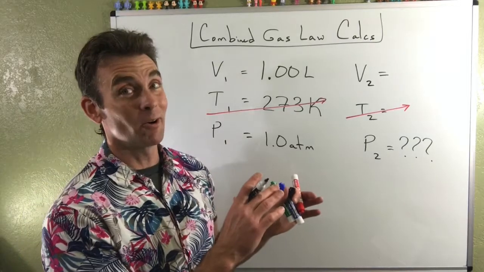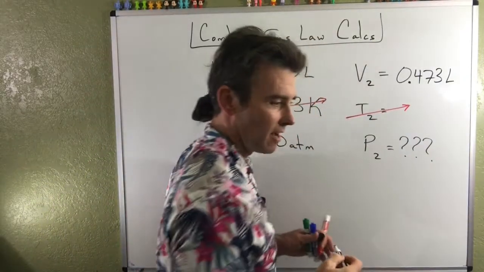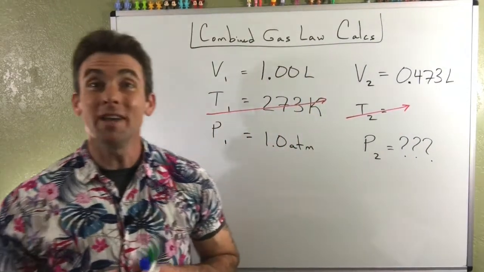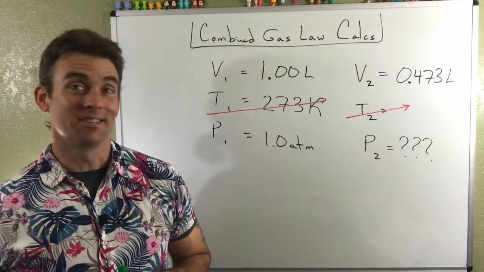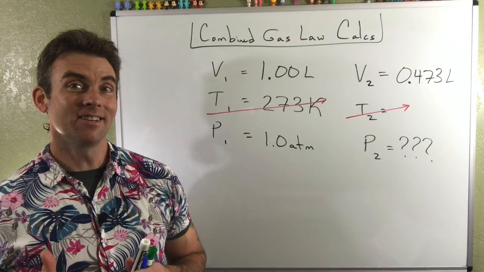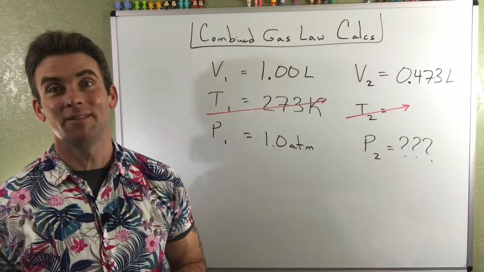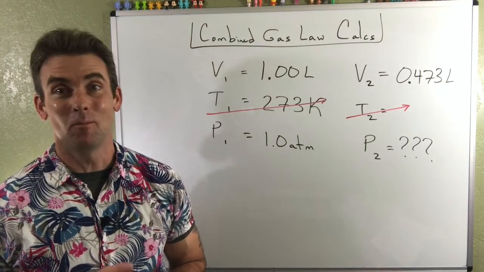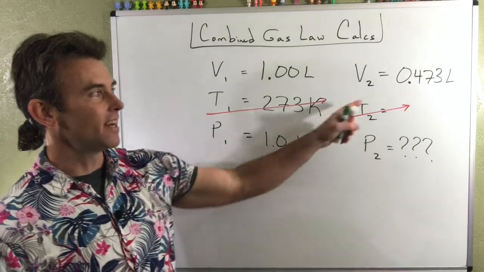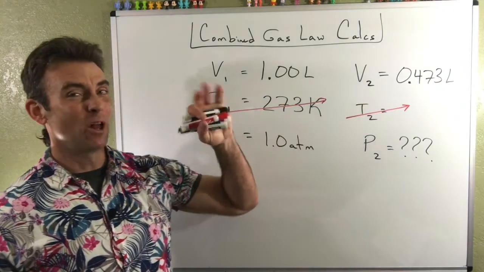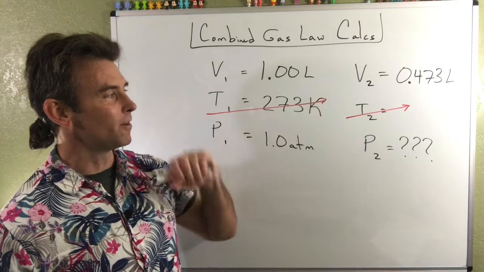Let's hope that I do it right. I've got 0.473 liters, right? So milliliters, you divide by 1,000. You could do that with dimensional analysis, but I don't want this video to go on more than it has to. So I just did that in my head. A little dangerous, but we'll go with it for now.